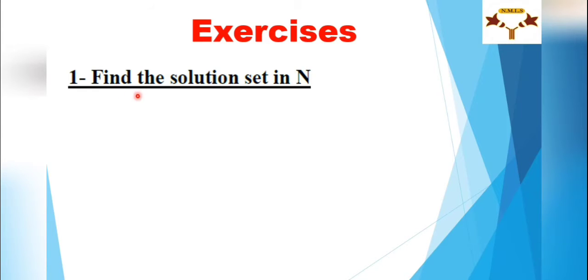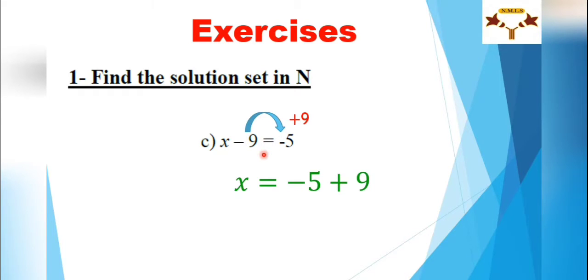Let's solve the exercises from the booklet, page 42. Find the solution set in N. Exercise number C: x minus 9 equal negative 5. We said an easy method is to move negative 9 to the other side by plus 9, the opposite operation.